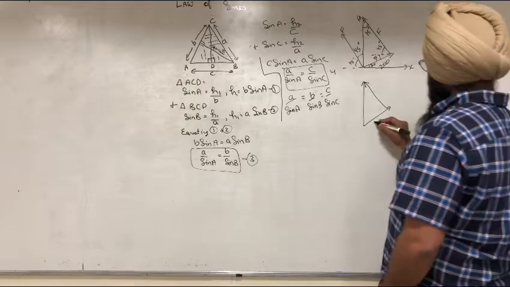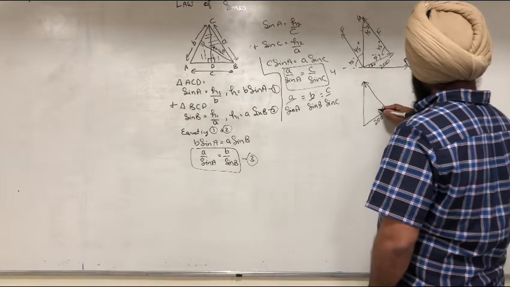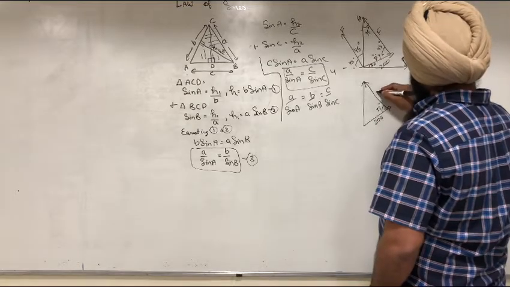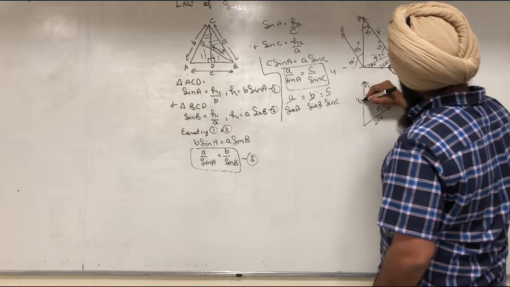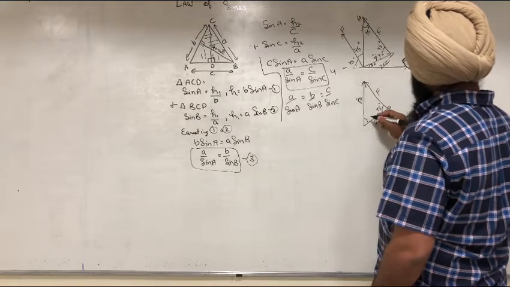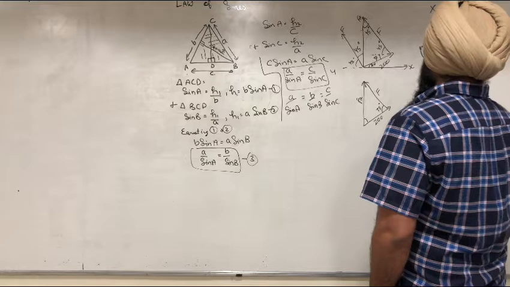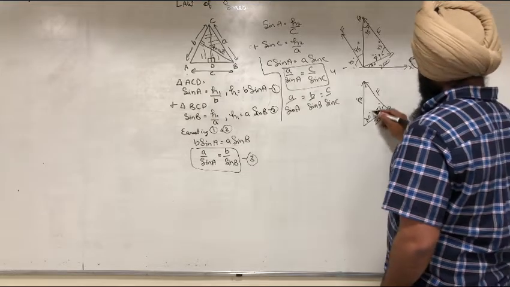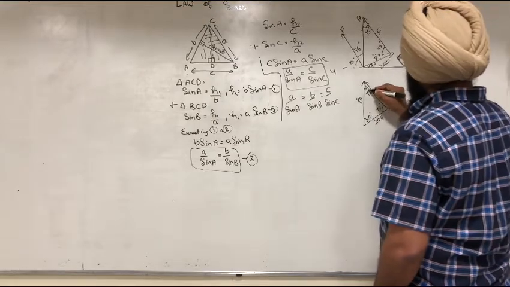So magnitude of this is 200, angle is 75 degree, this is F, this is FR, this is 60 degree, this is 45 degree.